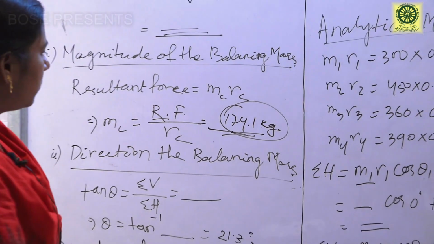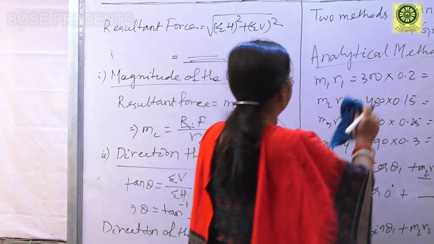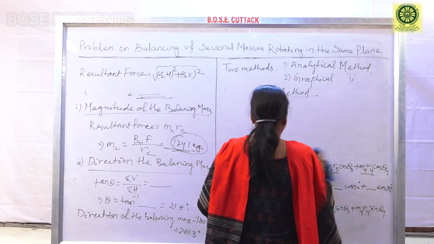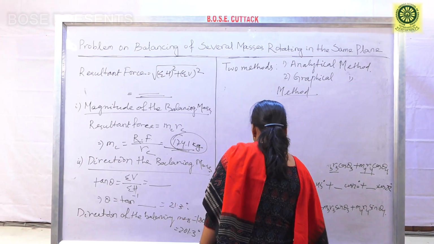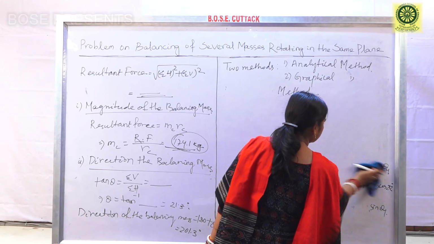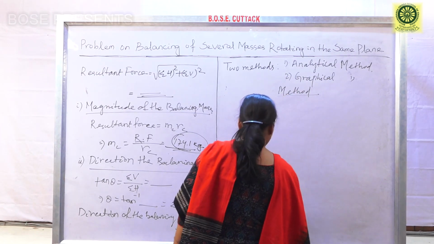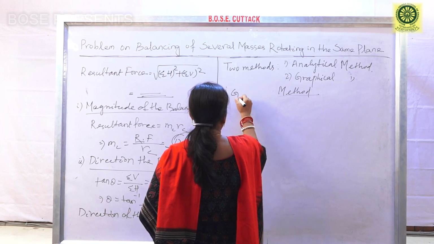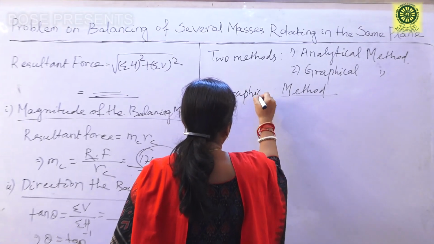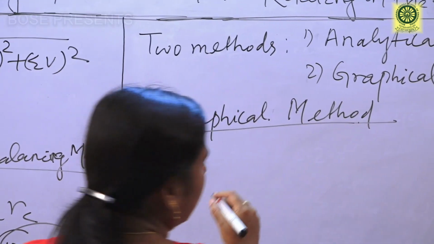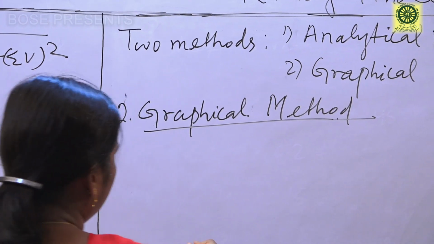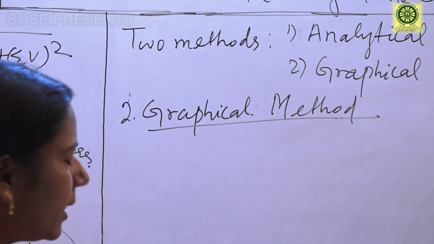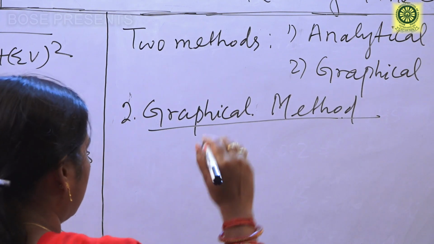So how can we solve by the graphical method? Second is the graphical method. In the graphical method, you have to just draw the diagram similarly to what we have drawn in the analytical method.